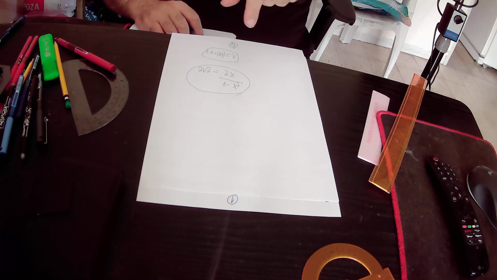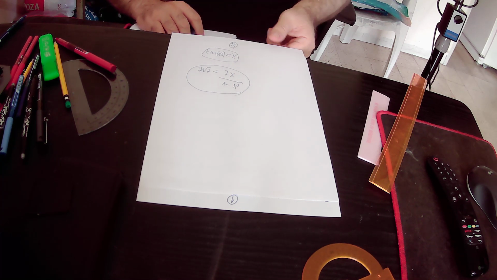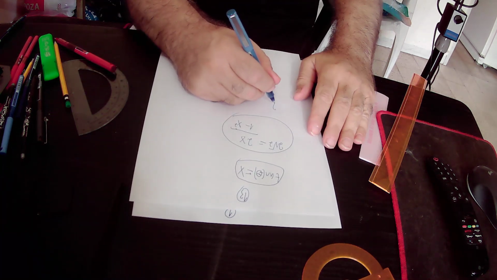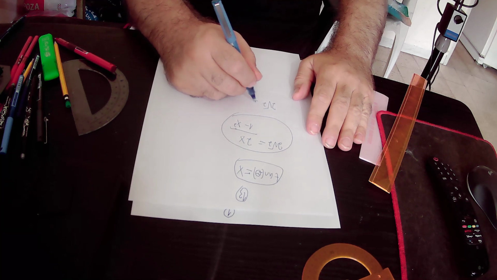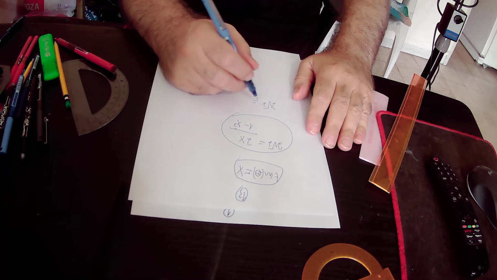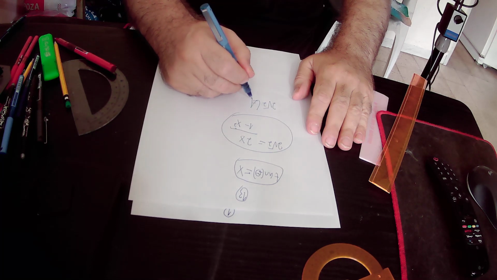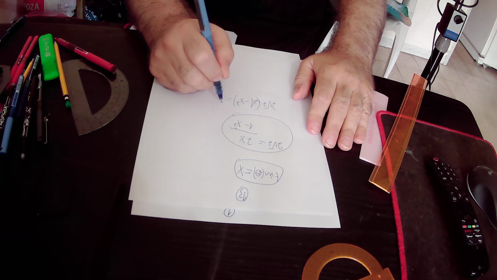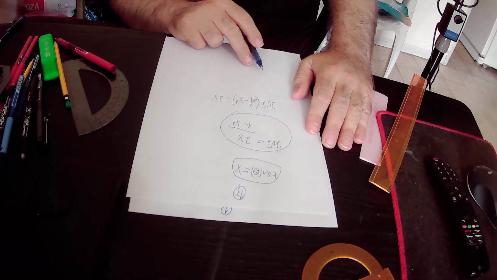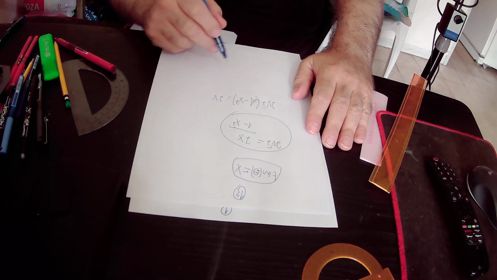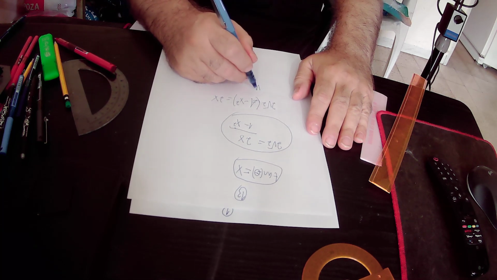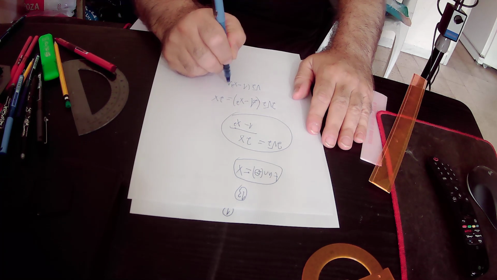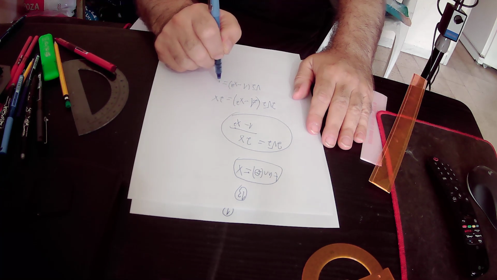Here we multiply this equality by 1 minus x squared, and we will get that 2 times root 2 times 1 minus x squared equals 2x. Here we will divide this equality by 2, and we will get that root 2 times 1 minus x squared equals x.